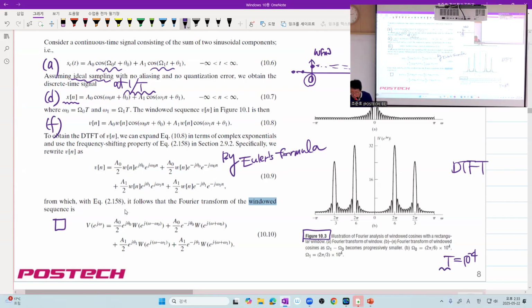And for the first example, what we do is we, for example, choose capital T equals 10 to the minus 4 second. That is what? 0.1 millisecond. Okay. And choose the radian frequencies as this one. So after we convert to the discrete time signal, we have omega 0 equals 2 pi over 6, and omega 1 equals 2 pi over 3. Got it?